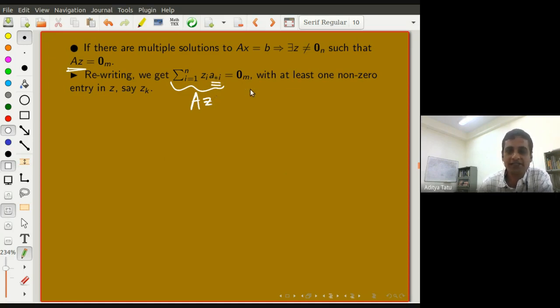This will give me 0, and since I'm assuming that z is not the 0 vector, at least one of these zi's will be non-zero. So let's assume that the kth entry of the vector z is non-zero. There may be more than that which are non-zero, but at least zk is non-zero, right? I hope that is clear.